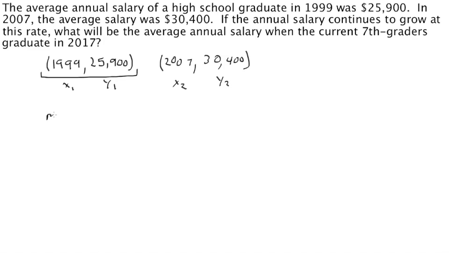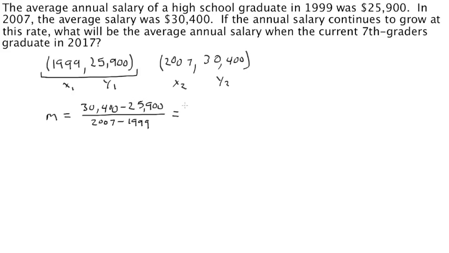So to find the slope, it's going to be the change in y, so 30,400 minus 25,900 all over 2007 minus 1999. So when we take this difference, let's see here, what's this going to be?